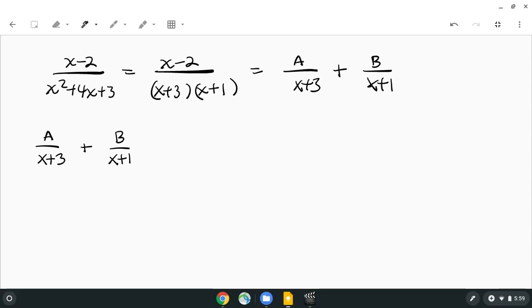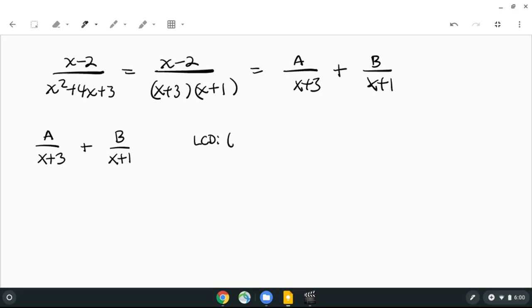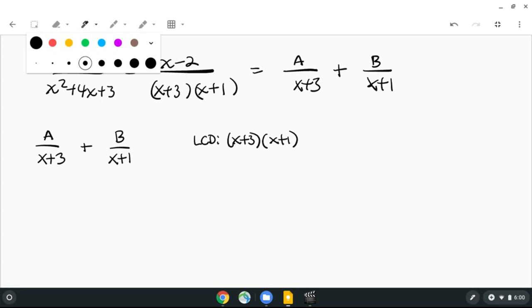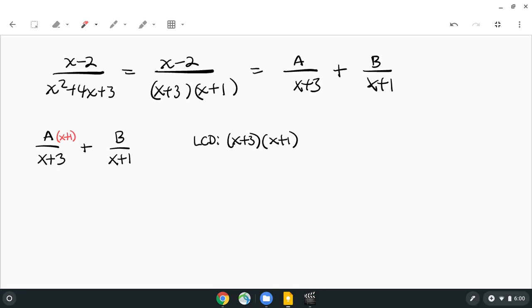Okay, so I need my LCD. My LCD is going to be (x + 3)(x + 1). The first fraction with the A, I'm going to multiply by (x + 1)/(x + 1). And the second fraction, B/(x + 1), I'm going to multiply by (x + 3)/(x + 3).